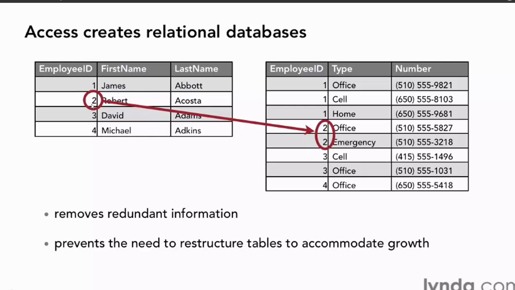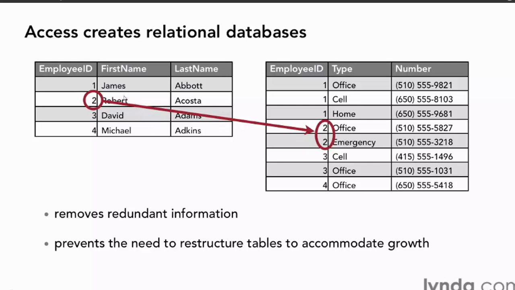Here, the duplication is solved by having a key, a primary key, and a foreign key in another table. And there's no duplication. So you don't actually have Robert Acosta listed here at all, you just have his employee number. Now if you're going to call that a duplication, it's actually not, because they're both keys and they relate to each other. So that's not duplication, the fact there's a 2 there and a 2 there.